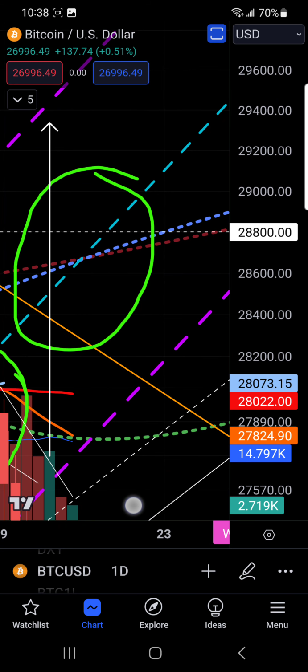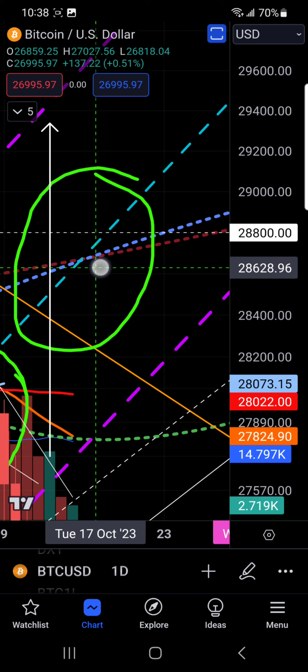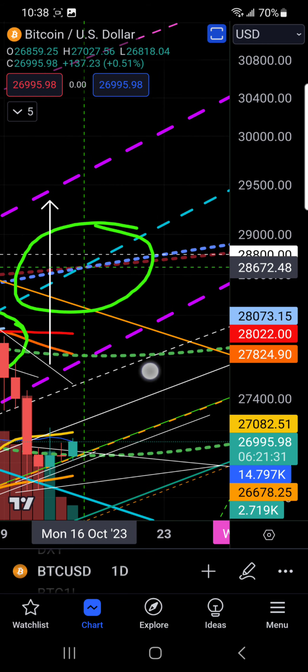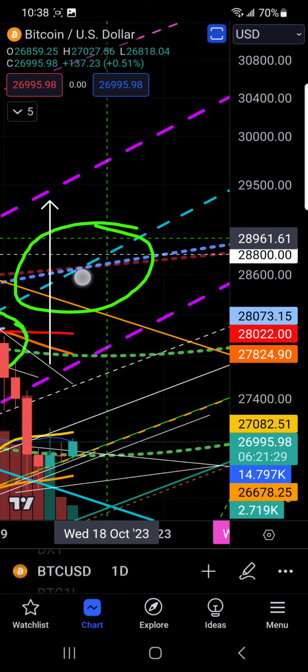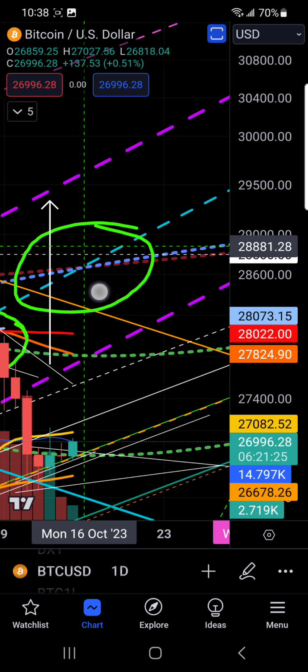However, now, we mentioned before, the top of the 5-day and weekly are crossing right here. So maybe we see a spike up to here on Monday. Really? I don't know about that.